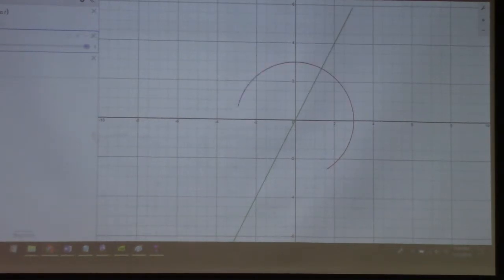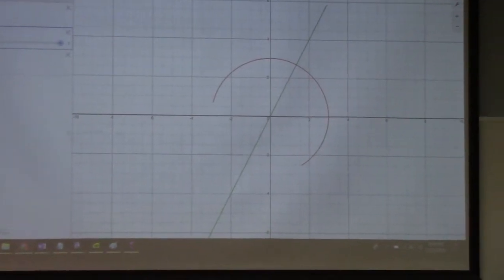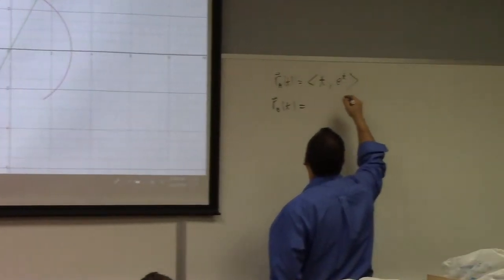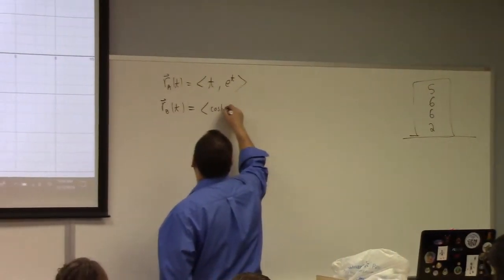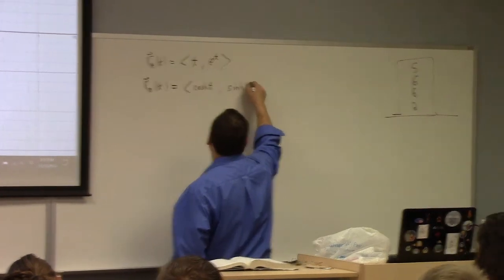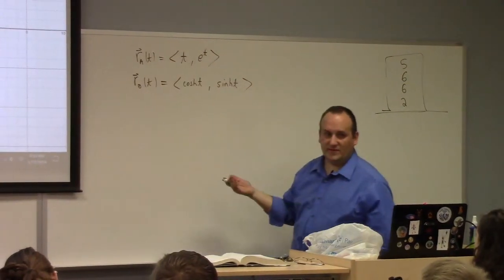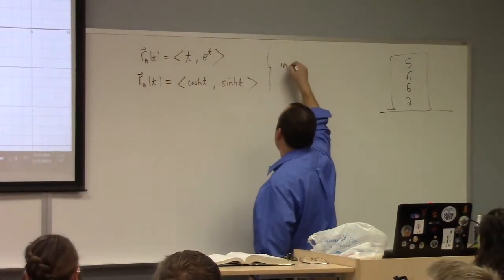Now, another approach to the intersection problem is to fall back on earlier means, right? If I had, for example, R of A equal to t e to the t, and if I had R B of t equal to cosh t, sinh t, and I'm just asking about intersections.